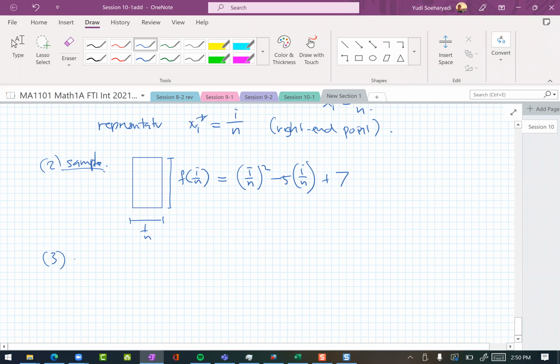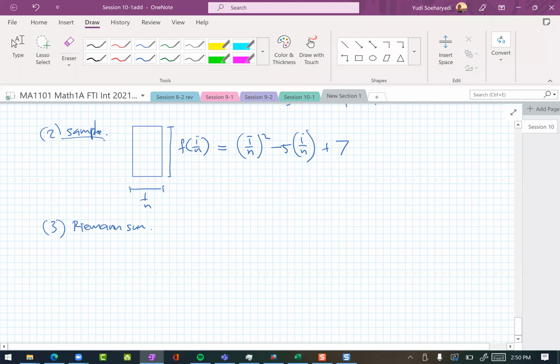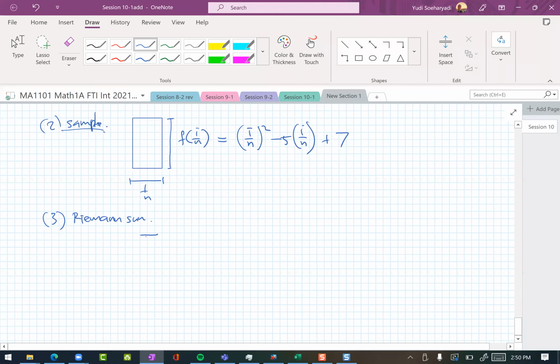Third, Riemann sum. So the Riemann sum is, because this is n, so sorry. So you can say i from 1 to n, f of i over n times delta.